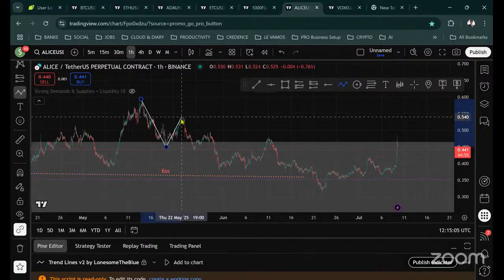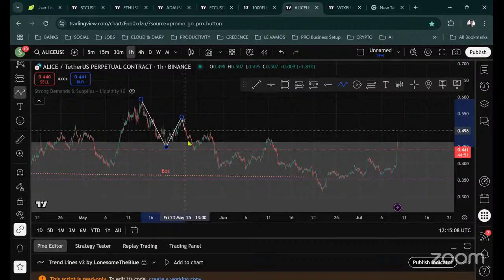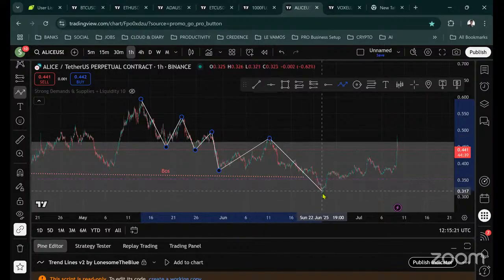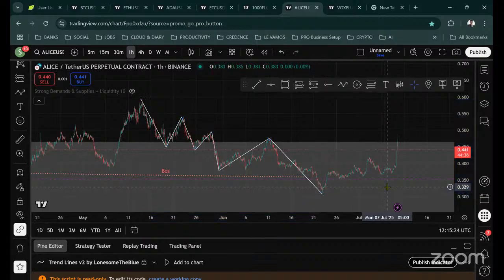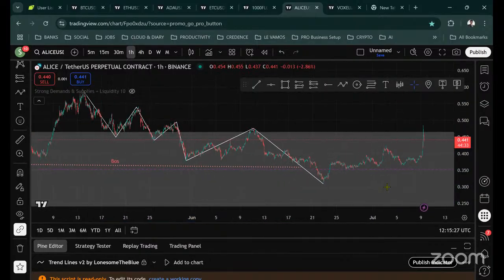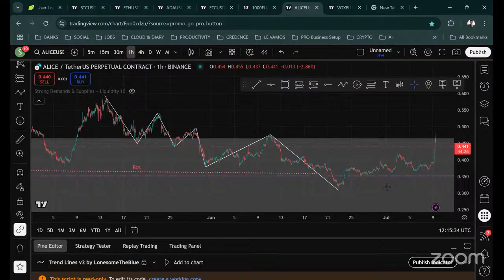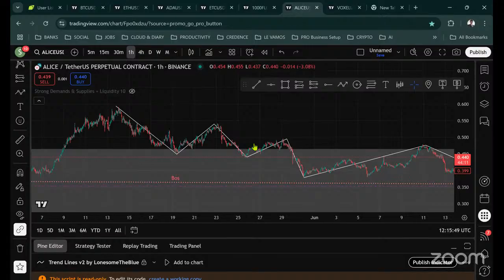You have to identify the valid pullbacks.